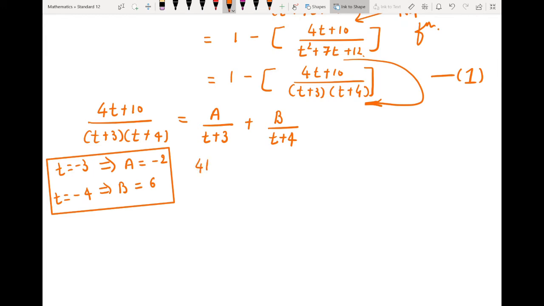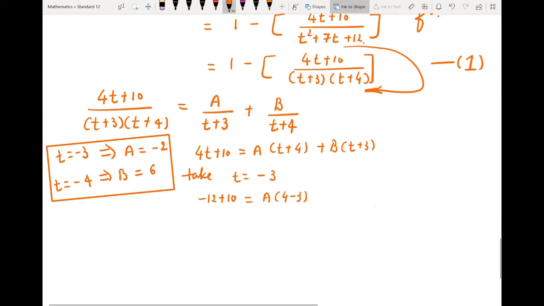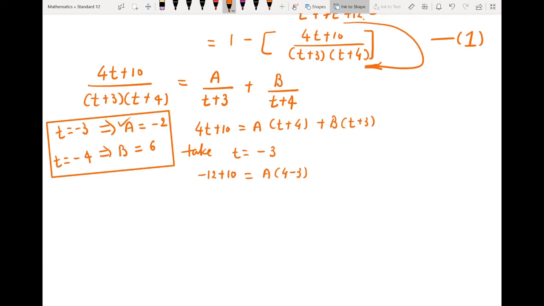Easily you can calculate this thing, because 4t plus 10 equal to a into t plus 4 plus b into t plus 3. Take t equal to minus 3, so this is minus 12 plus 10, a into 4 minus 3, so a equal to minus 2.